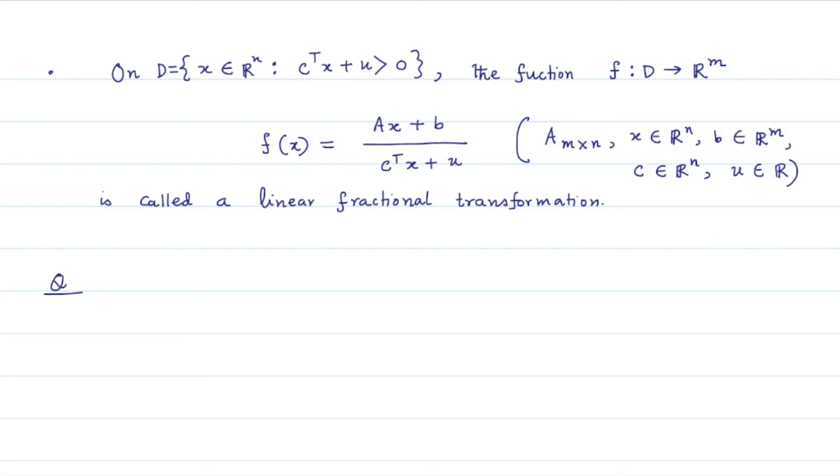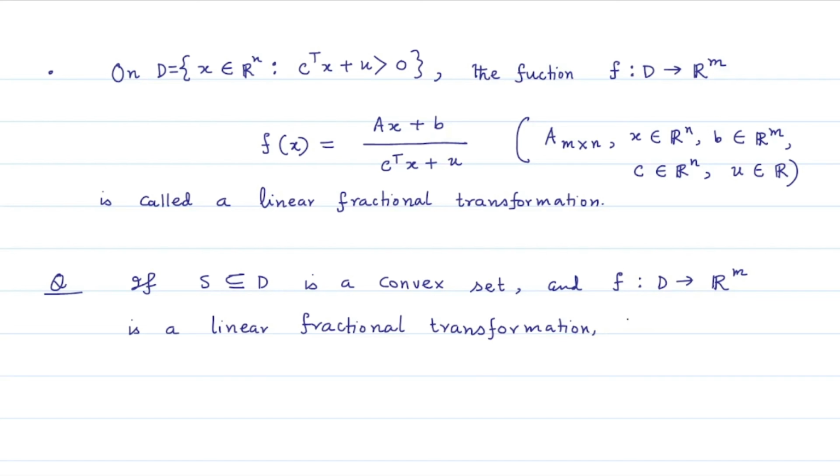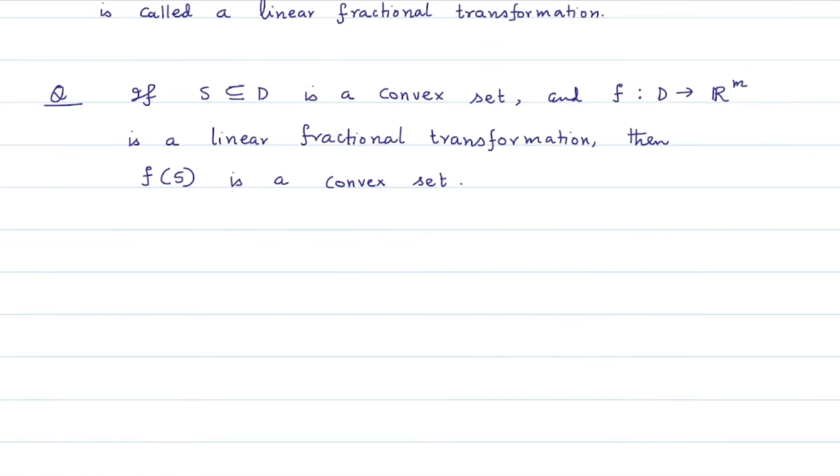Now you show that if we consider a convex subset of the set capital D and a linear fractional transformation, say f defined on D, then the set Fs is a convex set. Therefore, a push forward of a convex set by a linear fractional map is again a convex set. The proof of this result is not trivial.